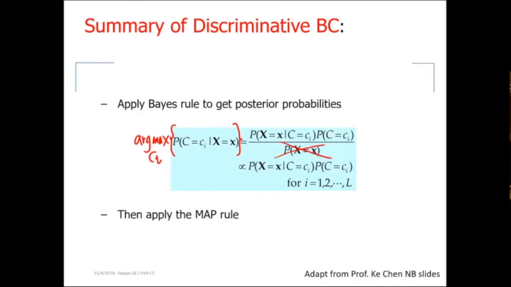So in a generative Bayes classifier, what you truly calculate is only the numerator. The argmax is proportional to it, so we don't need to calculate the denominator P(X). The only things you need to calculate are P(X given C) and also P(C).